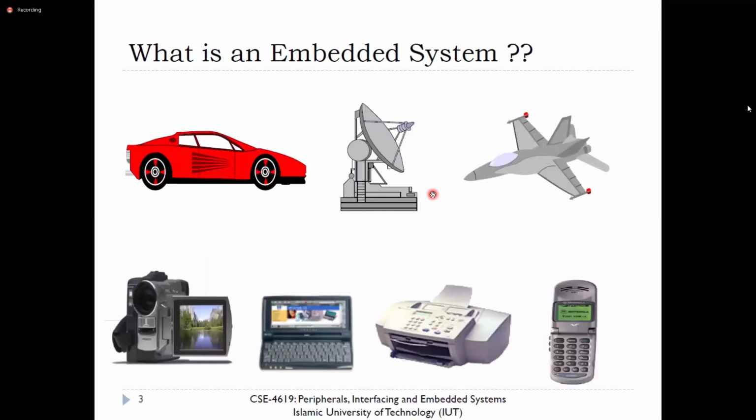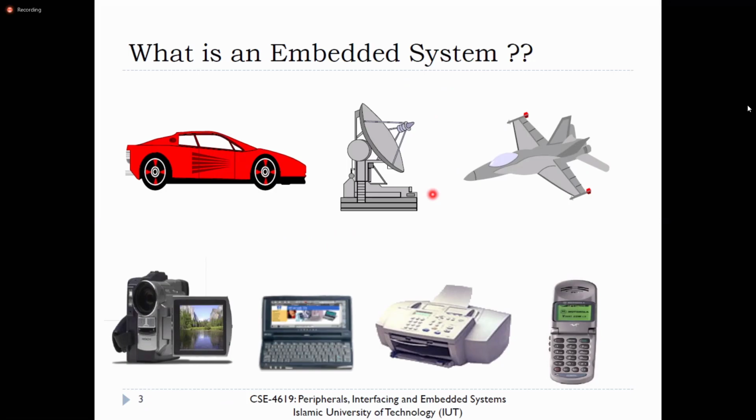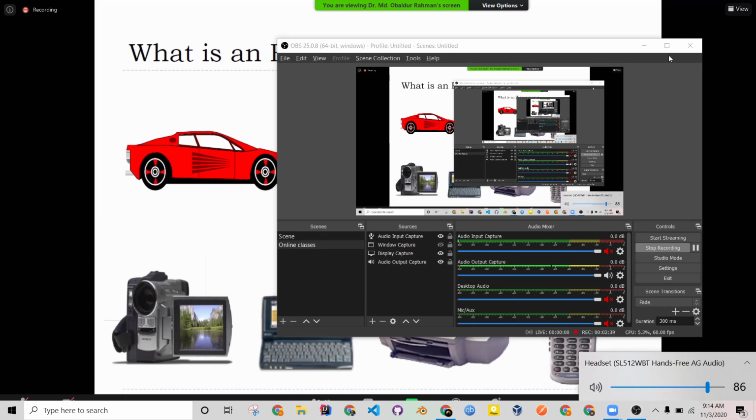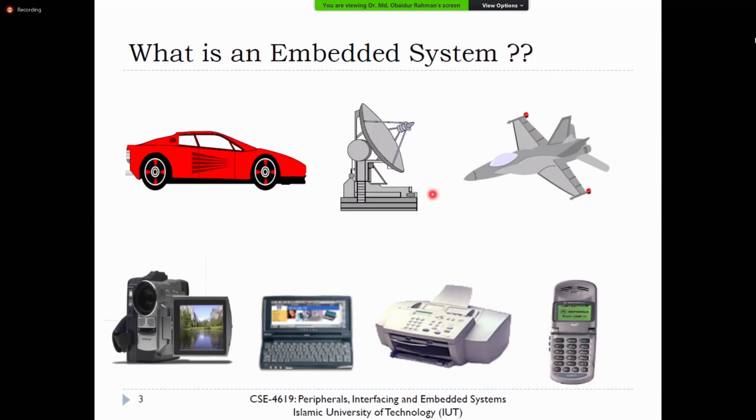So what is an embedded system? I will not give you any formal definition. Rather, I'm showing you some devices. These all can be treated as embedded systems. Like an automotive vehicle, some communication devices, or some very handy devices or gadgets we are using, those all can be categorized into different size embedded systems.